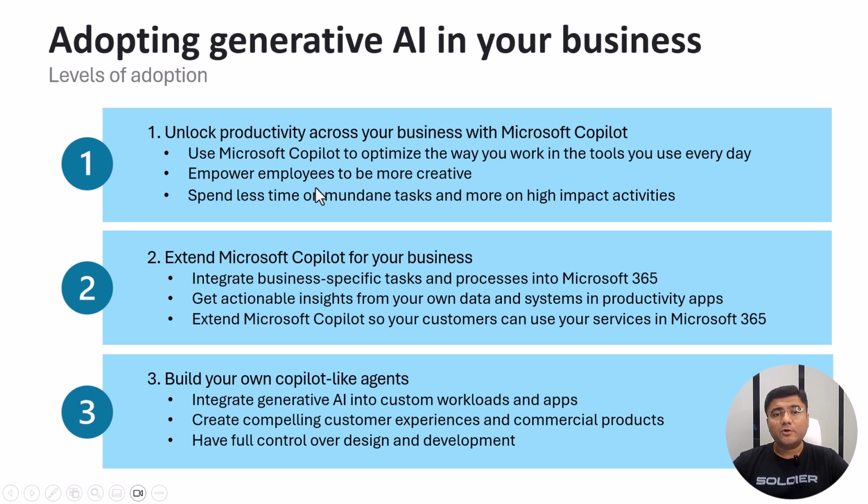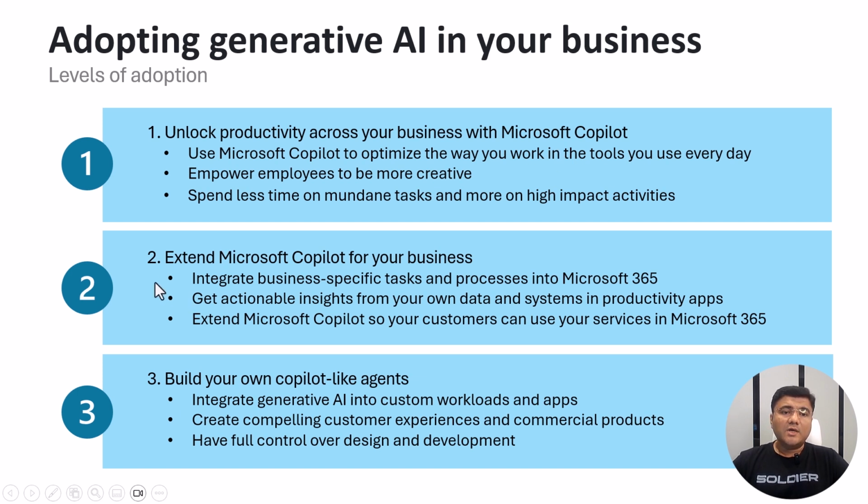It's going to empower your employees to become more creative. They're going to spend less time on so many time-consuming tasks, and your employees can focus on high-impact activities only. This is the first level of adoption, and it is one of the easiest ones. There are a number of organizations which are right now at stage one, and that's what they are doing when they are incorporating Copilots into their organization.